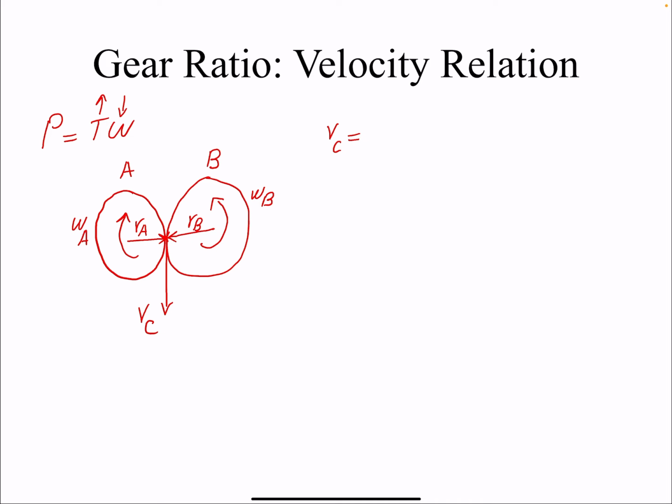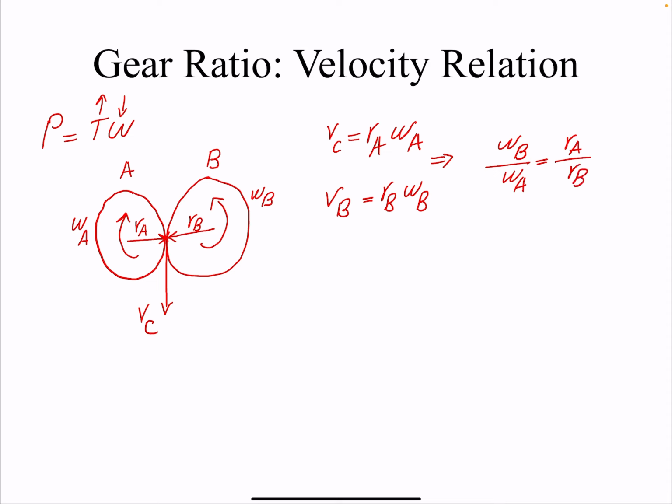If I use the information for gear A to calculate the velocity at the point of contact, that would be RA omega A, and for gear B, RB omega B. If I set these equal, I will get omega B over omega A equals RA over RB.